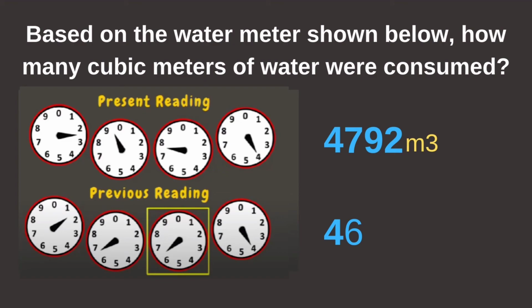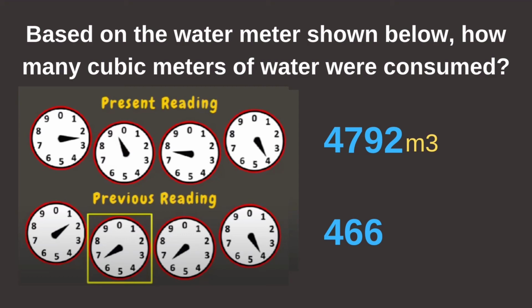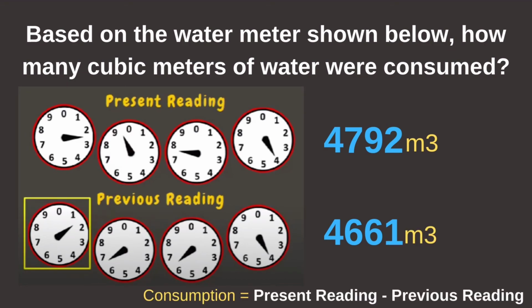Since 6 is the smaller number, that will be our dial C. Here, we can see again the pointer points between 7 and 6. Since 6 is the smaller number, that will be our dial B. And last, the pointer points between 1 and 2. Since 1 is the smaller number, that would be our dial A.